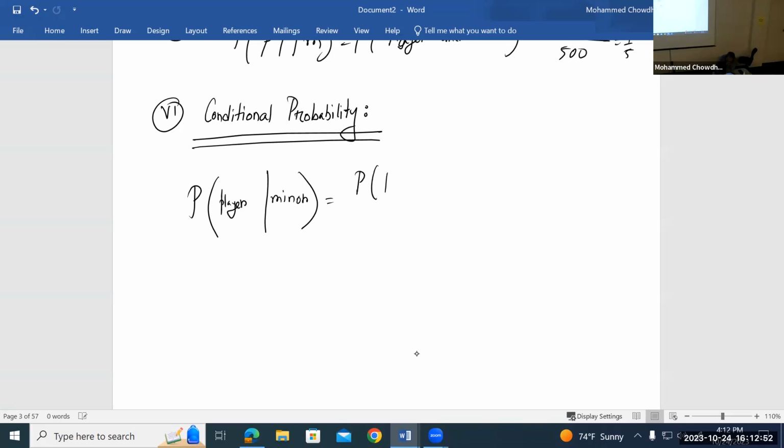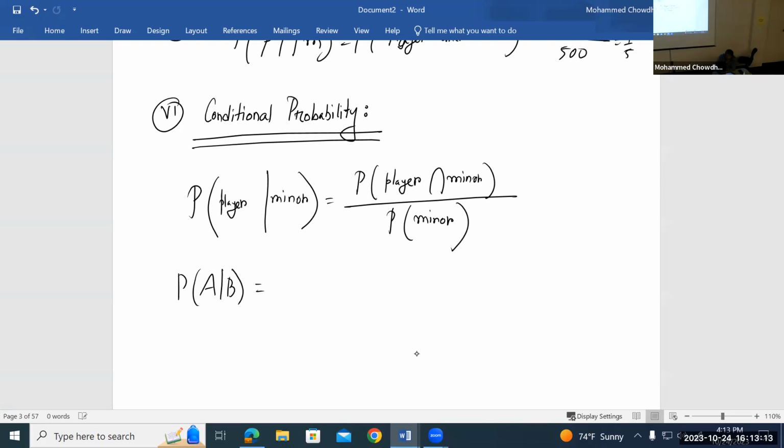So probability of player intersection minor, divided by probability of minor. So probability of A given B, B is given, what is the chance of A happening. The notation is probability of A and B over probability of B.